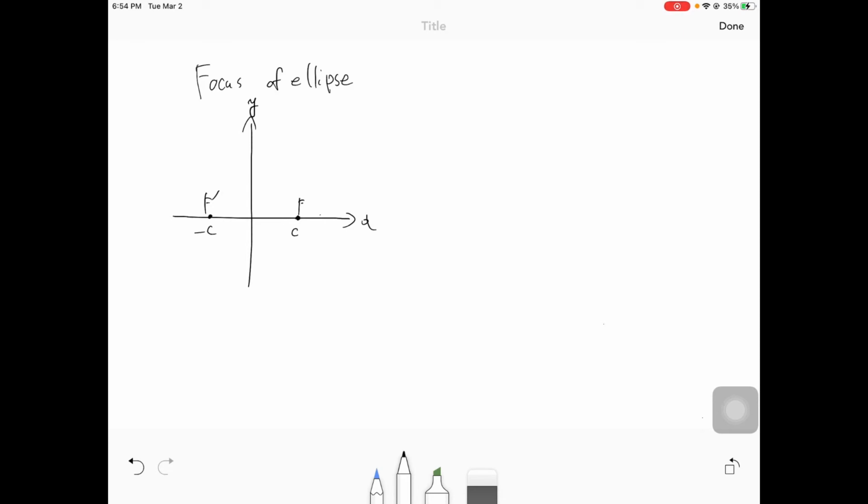How do you find the points on ellipse? Let's say the point here, it's not a random point. If you find the points and the distance between the point and f prime and f, let's say the length here is d1 and the length here is d2. The sum d1 plus d2 has to be 2a to make the graph of ellipse.